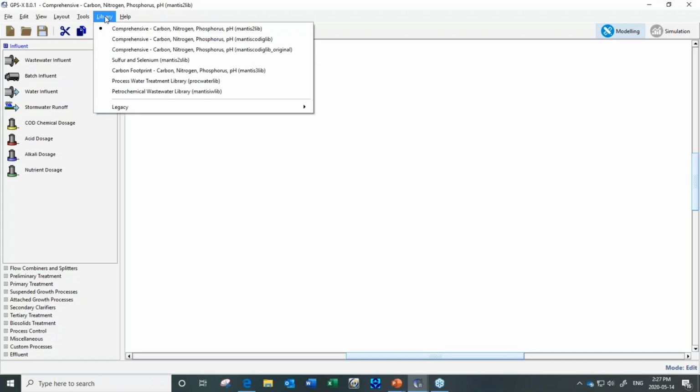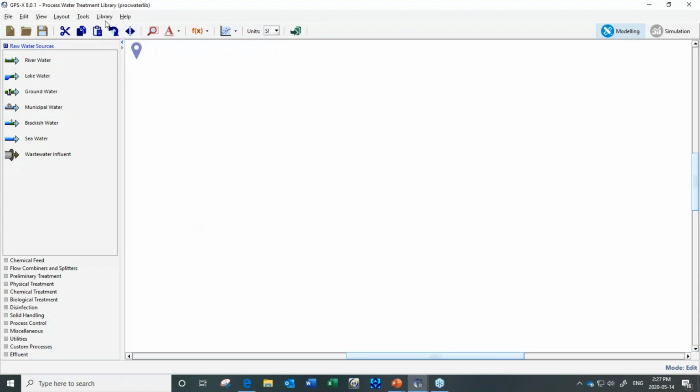When you want to use the water library, there is a process water treatment library, and we just change the library to the process water treatment library. So it is one platform that can be used for wastewater depending on what models you're using, but in this case, we are switching it to the process water treatment library.